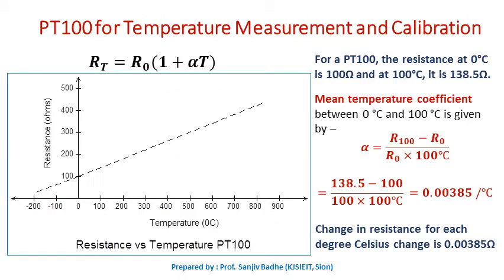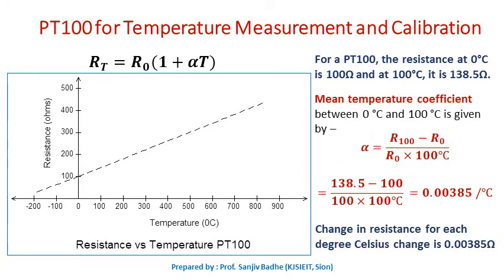This is a linear graph of resistance versus temperature plotted for the PT100 sensor, which can be used for calibration. For PT100, the resistance at 0 degree centigrade is 100 ohms, that is why it is called PT100, and the resistance at 100 degree centigrade is 138.5 ohms. So, we can calculate the mean temperature coefficient between 0 and 100 degree centigrade as alpha equals R100 minus R0 upon R0 into 100 degree centigrade.